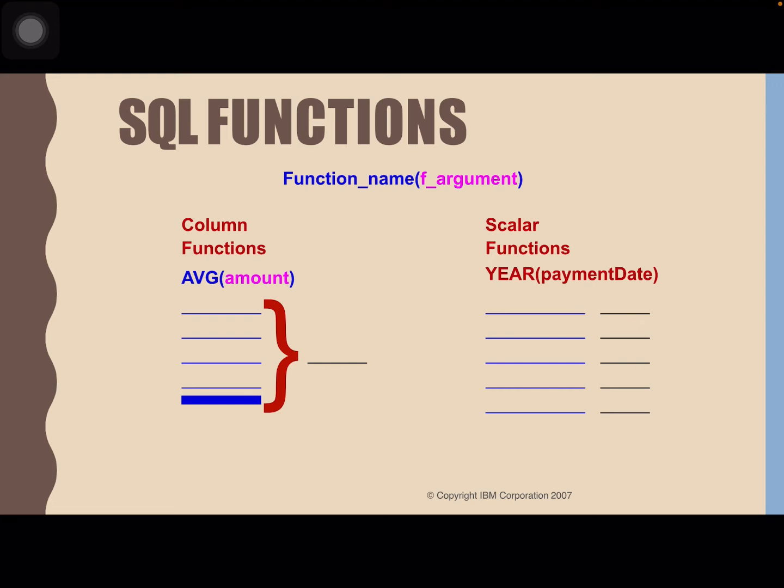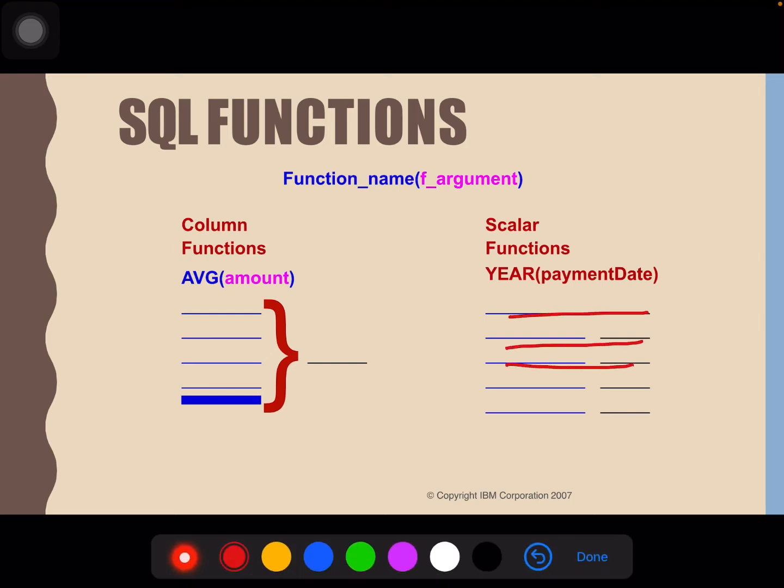A scalar function is a function that we use to produce output based on the record. Record means this one row. So every scalar function will produce different records, which means there are many rows of output.